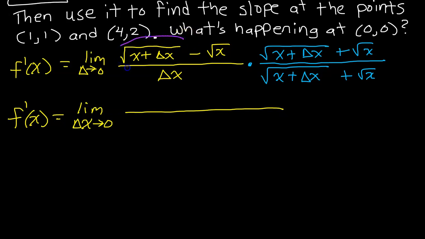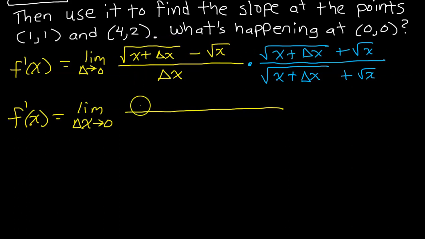Focus on this. I'm multiplying this times this right now. If you multiply a radical times itself, the radical goes away. So as I multiply those two together, I'm just going to get x plus delta x. As you saw, the middle terms will all cancel each other out.